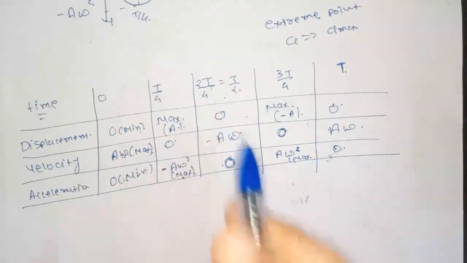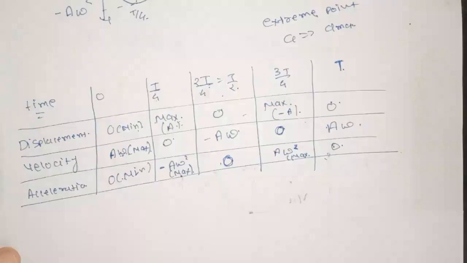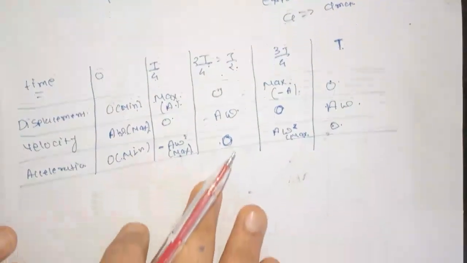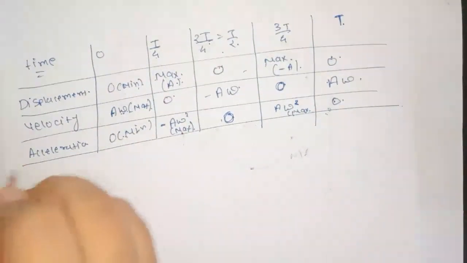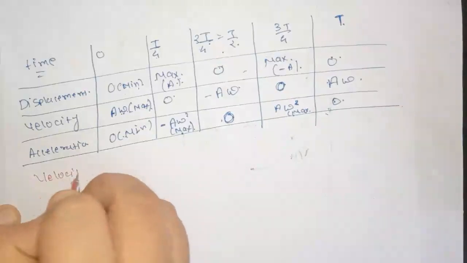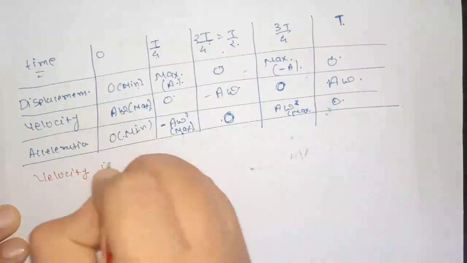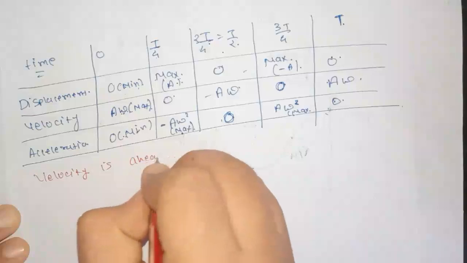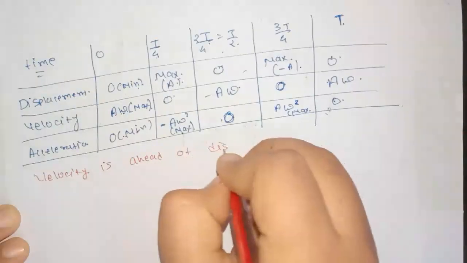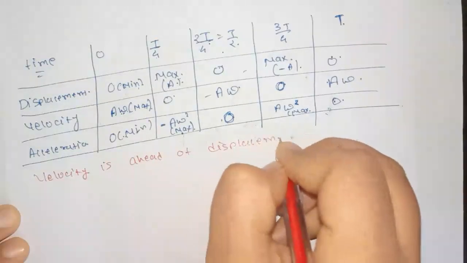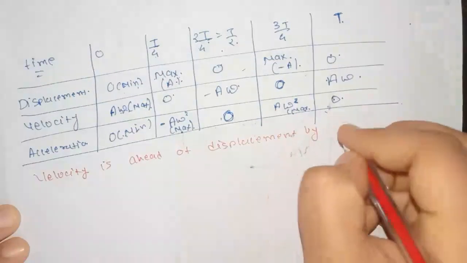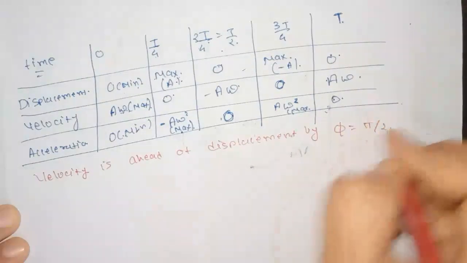So let us write down this summary. First, velocity is ahead of displacement by phase angle pi by 2.